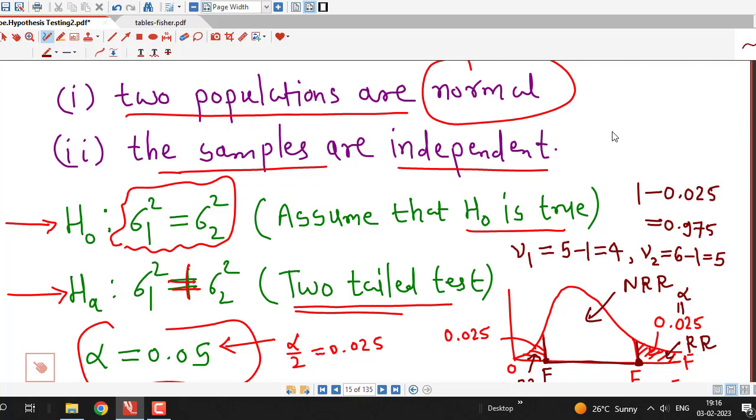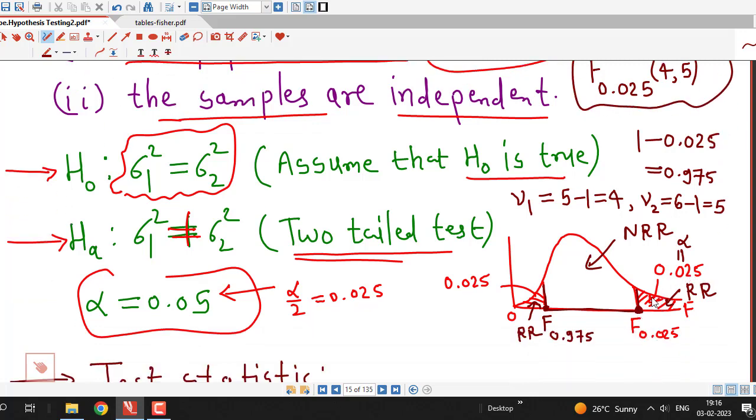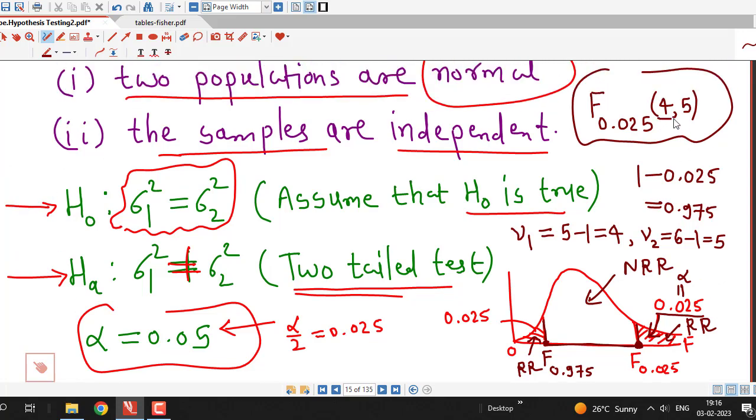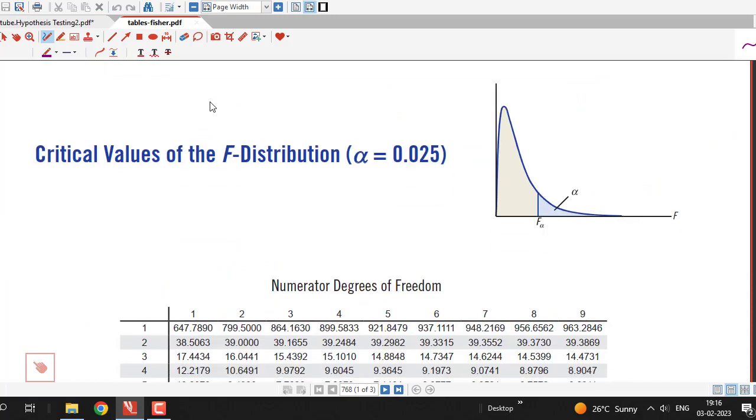So we are interested in this critical value f 0.025 with 4 degrees of freedom in the numerator and 5 degrees of freedom in the denominator, and for that I am searching in the f table for alpha equal to 0.025 with 4 and 5 degrees of freedom. This is my f table which is giving us the critical values of the f distribution for alpha equal to 0.025.